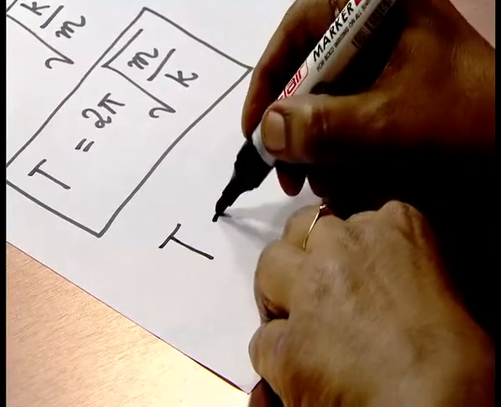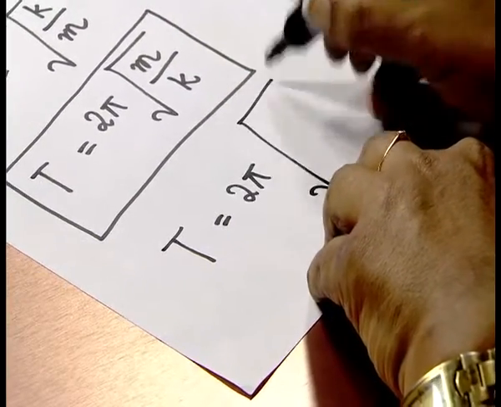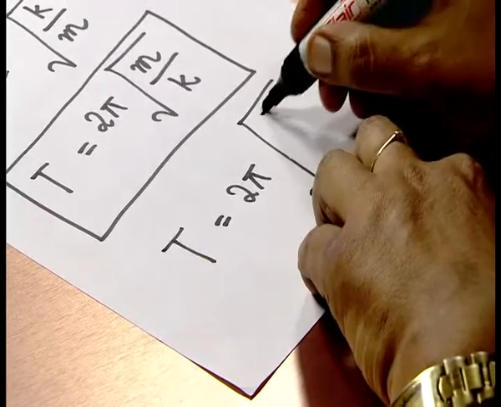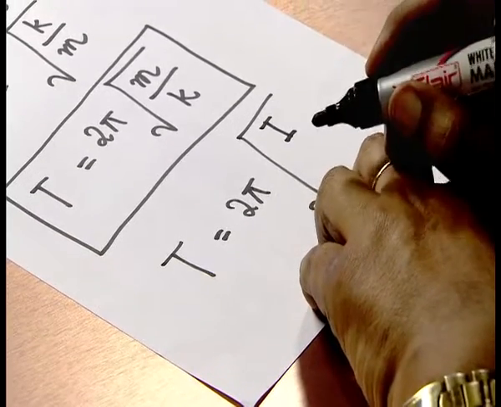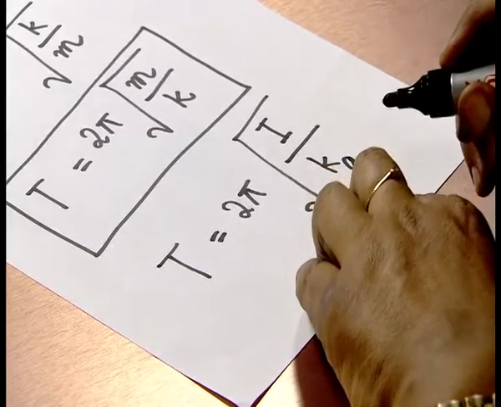So, this result would get replaced by T is equal to twice pi root over I by K A, where in place of m you would remember it would be replaced by the moment of inertia, and k would be replaced by K A, which is the torque constant, not the force constant.